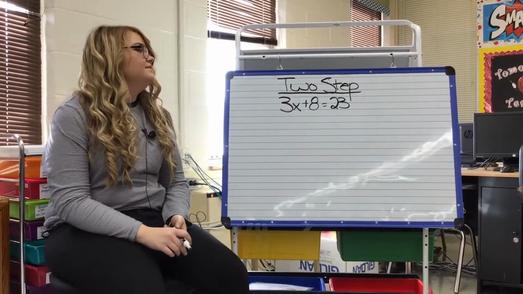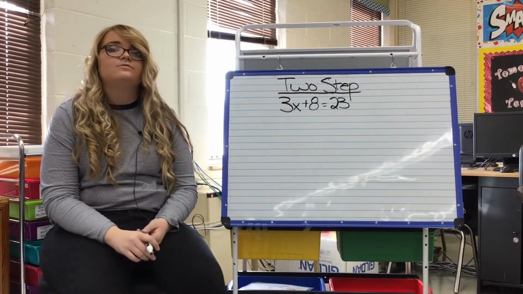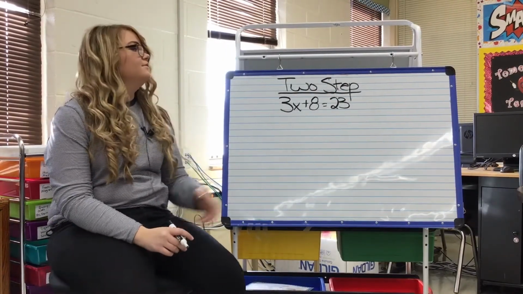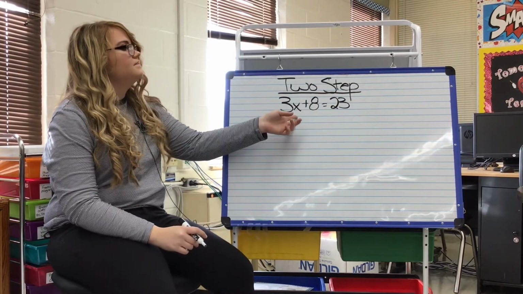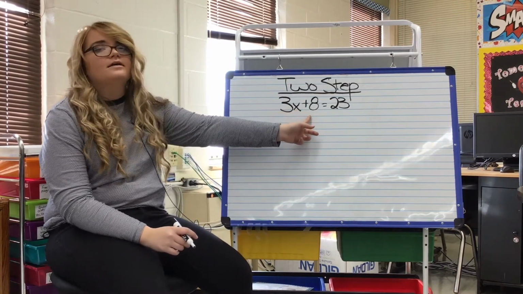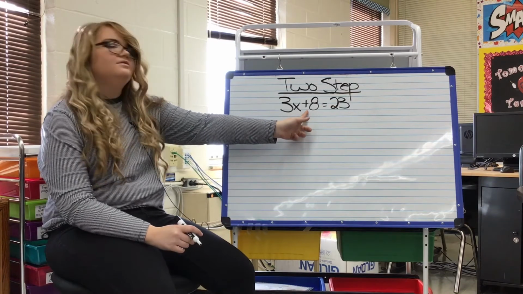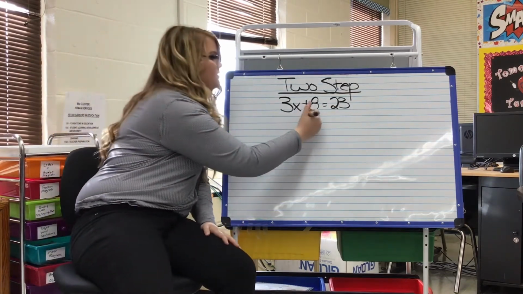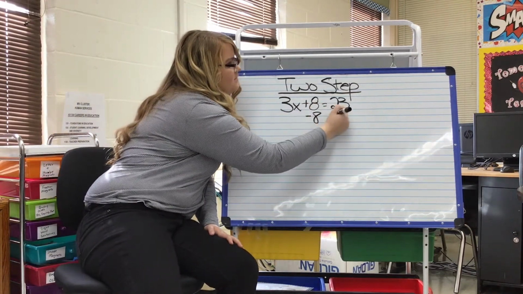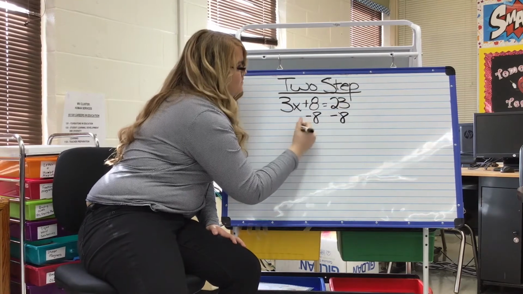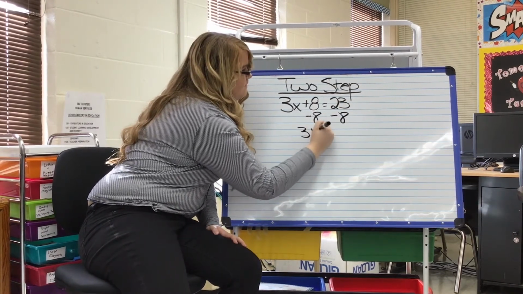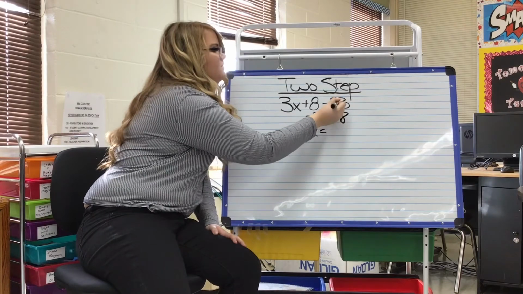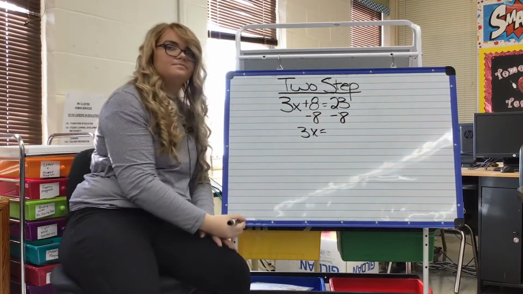So the next one is 3x plus 8 equals 23. So you remember, we don't start with the 3x, we start with the plus 8. And the opposite of addition is subtraction. And we do this to both sides. And then what's 23 minus 8?